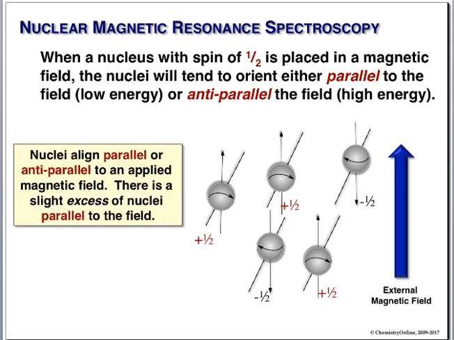Because the orientation with the field is slightly lower energy, you will have a tiny excess population in the +1/2 orientation. All right, so what we've done so far is just take a bunch of nuclei, stick them in a magnetic field, and the spins align either with or against the field.